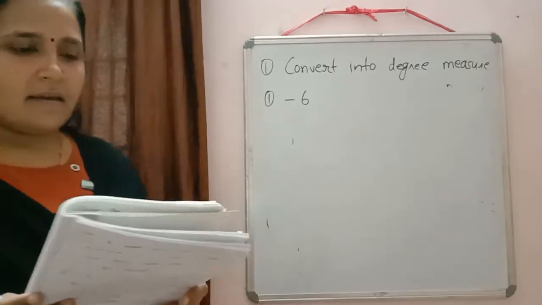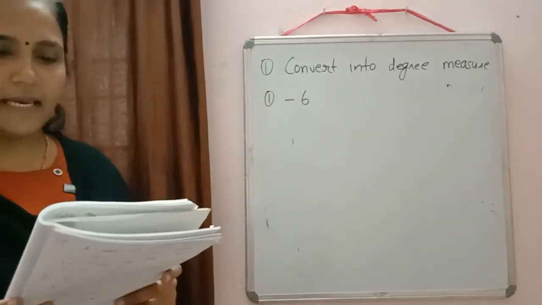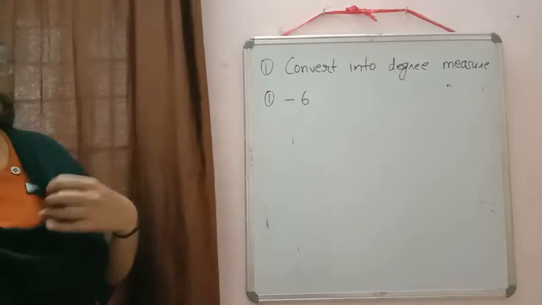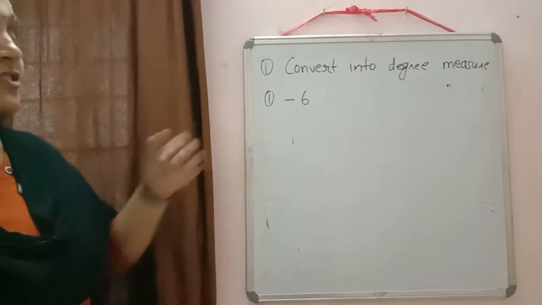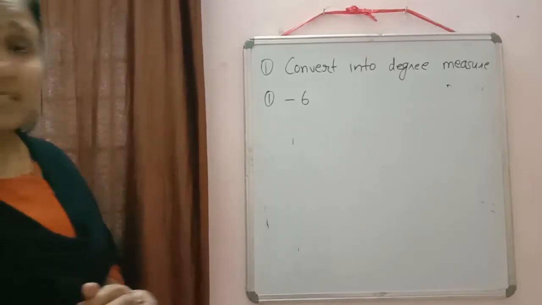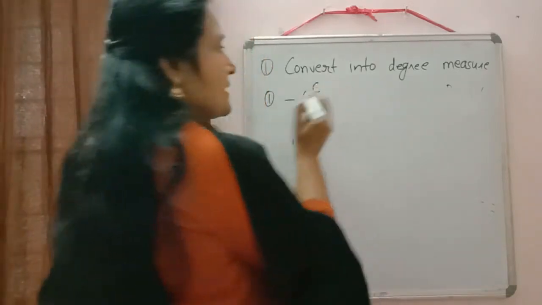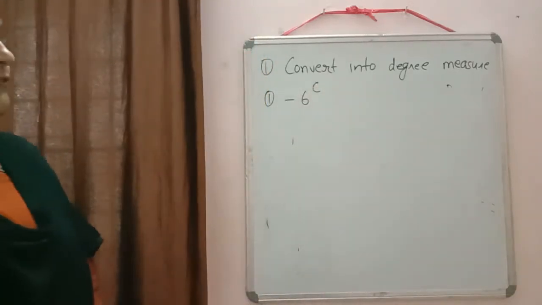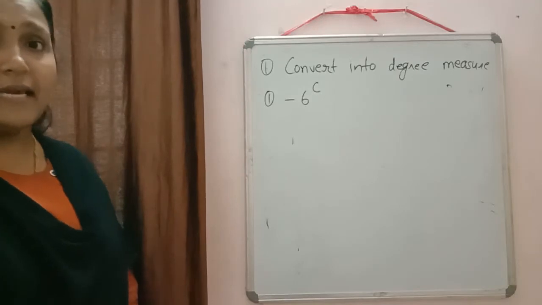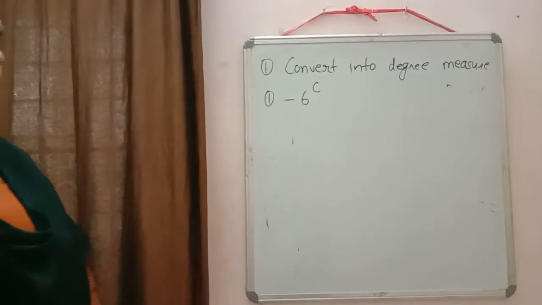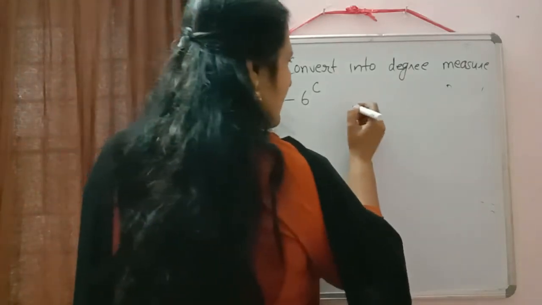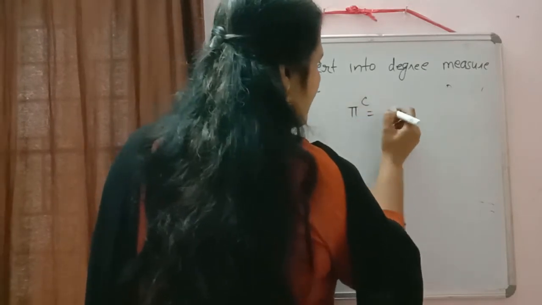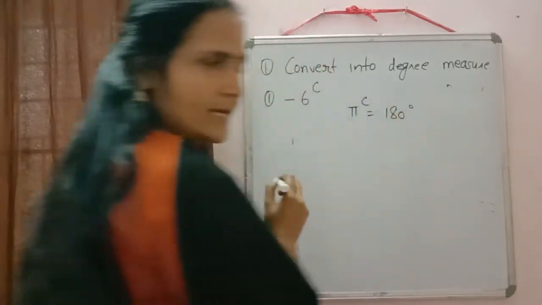Now the next question is convert into degree measure, and it is given -6. It means it is given -6 radian. Now we have to convert it into degree. Again, what is the relation? Pi radian is equal to 180 degree.